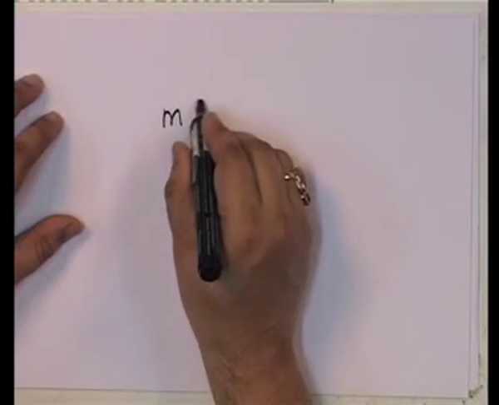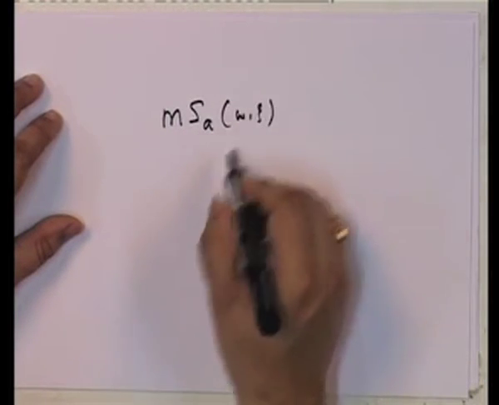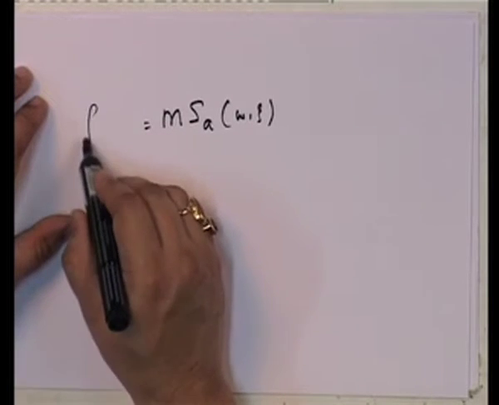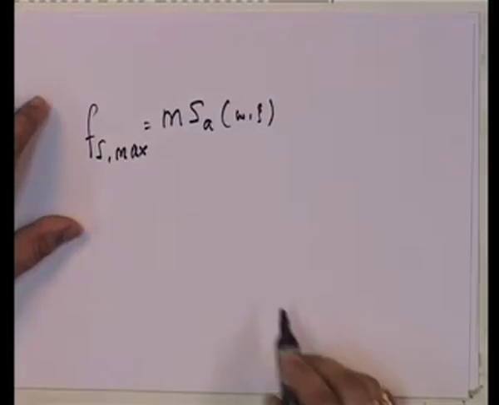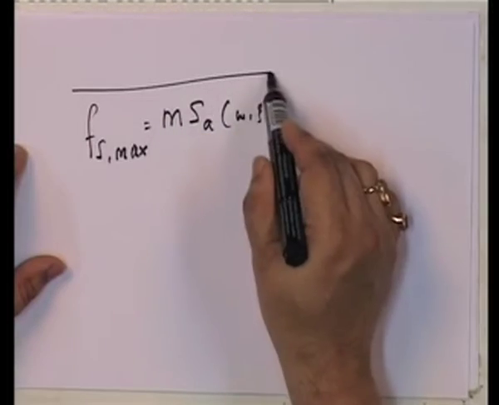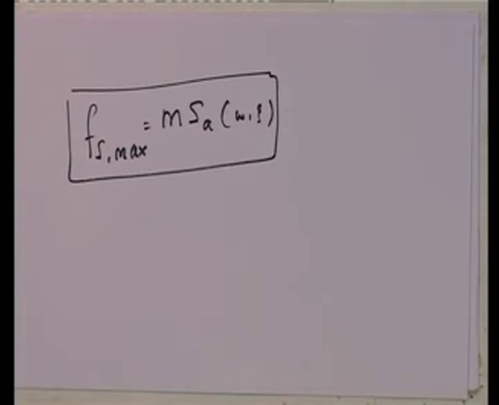It actually represents, if you look at this, the equivalent force that is applied to the structure due to the ground motion.